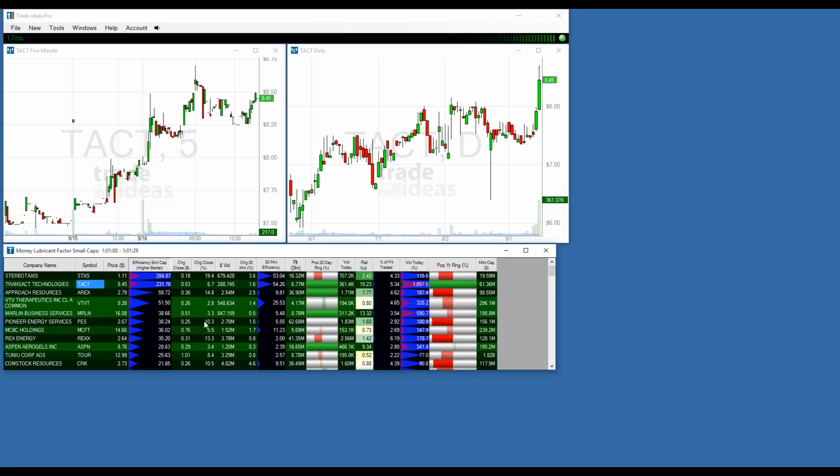So we created an efficiency column where we take the percentage that it's up, divide it by the dollar volume, create an absolute value, and then put a multiple in there so that we can rank them. And this is what it looks like.